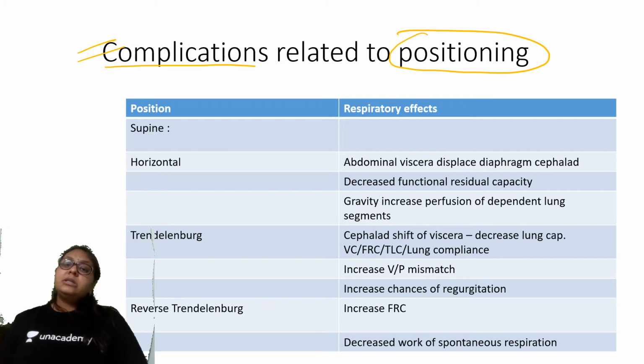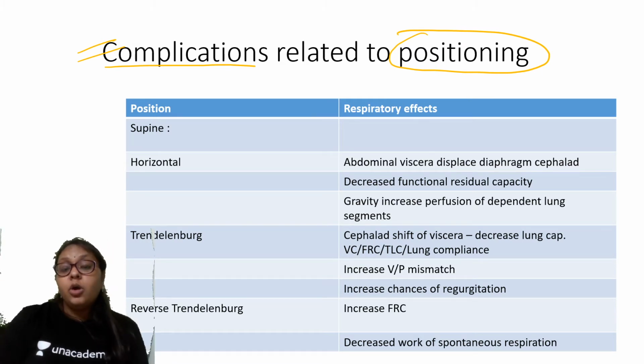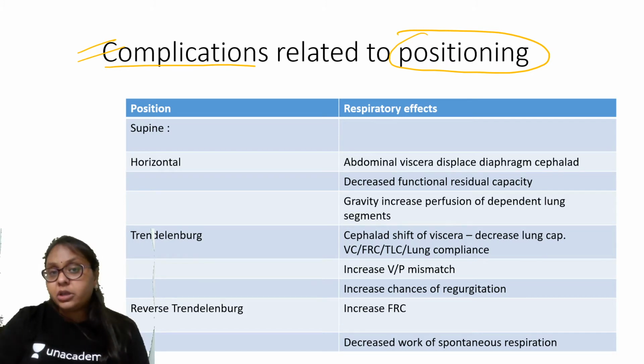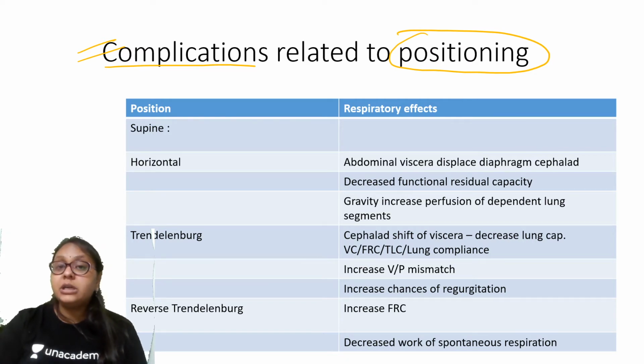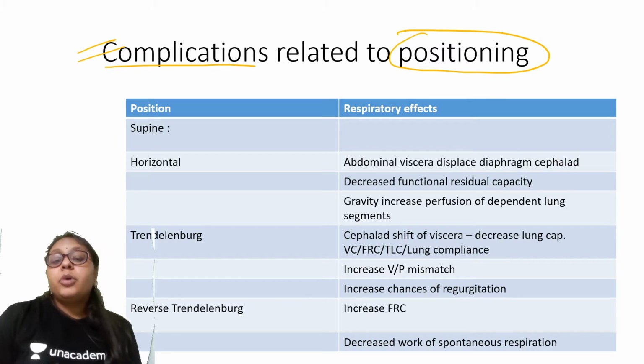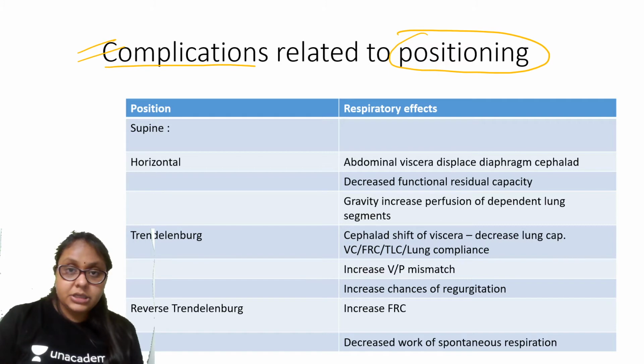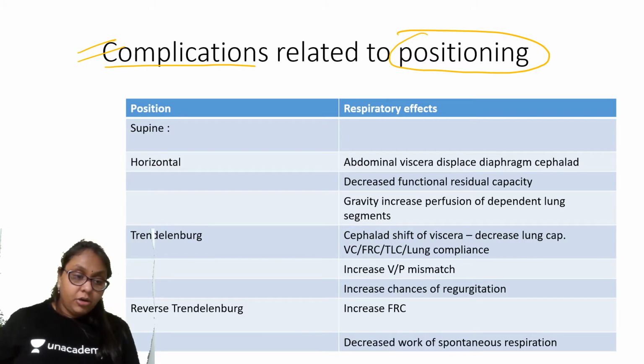Some procedures are done in the supine position, some in lithotomy position, prone position, lateral decubitus position. So there are certain complications which occur because of the positioning of the patient, after giving anesthesia, and that should be taken care of.